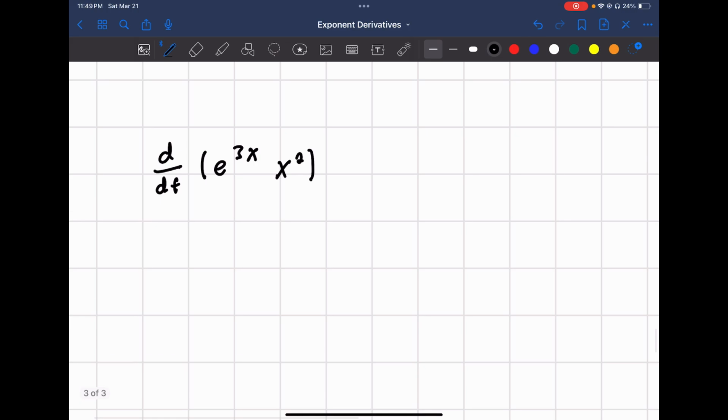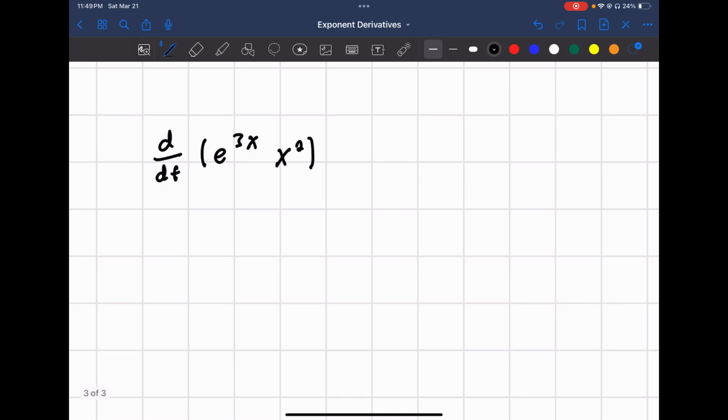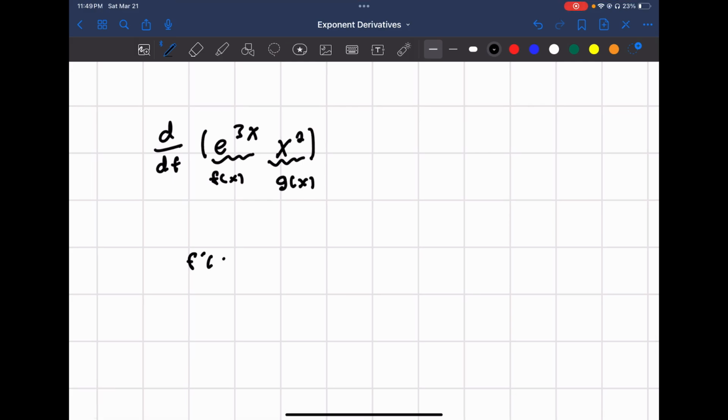In our next example, we have e to the 3x times x to the power of 2. So we have another product rule. So we will separate f(x) and g(x). For f prime of x, the derivative of e to the 3x, the derivative of 3x will be 3, so 3 times e to the 3x. g prime of x would just be 2x.